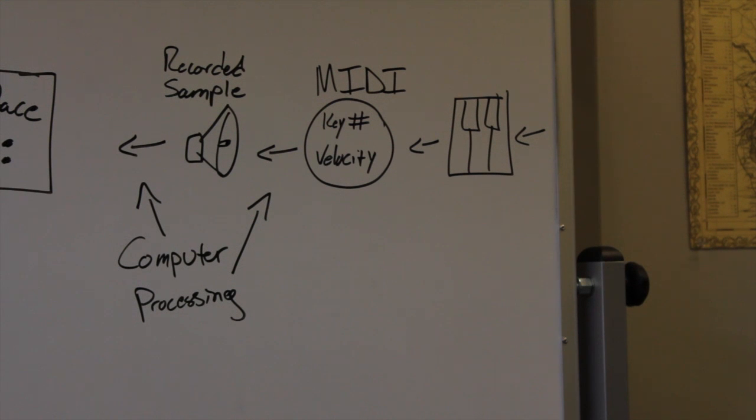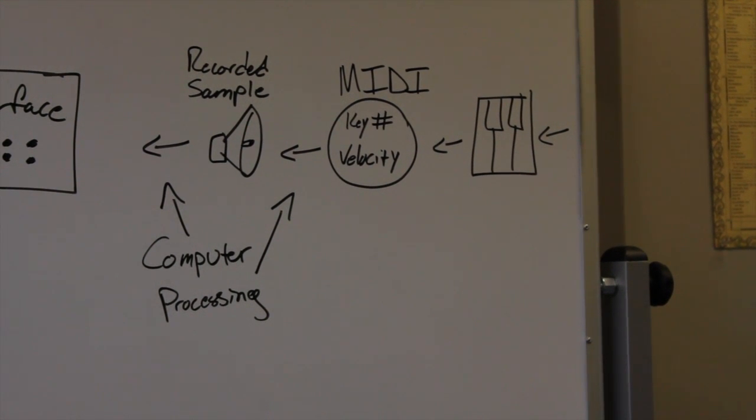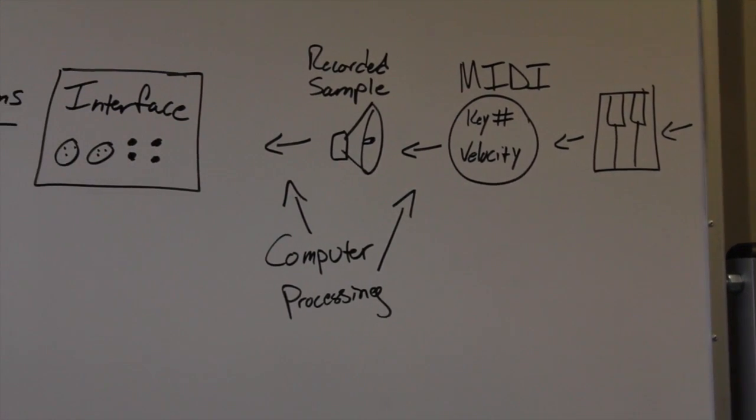So you'll send the information, right, the key that you press, instead of pulling on a lever, it will send MIDI information to your computer or to the computer that's built into the keyboard you're playing, and it will say, hey, Joe Schmo just played key number 63 at velocity 100. So then the computer says, okay, cool, now I need to play a sound, right?